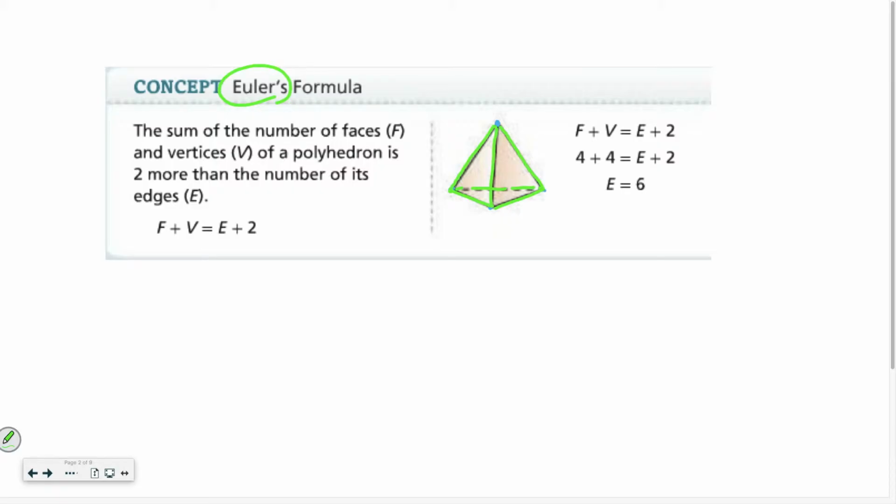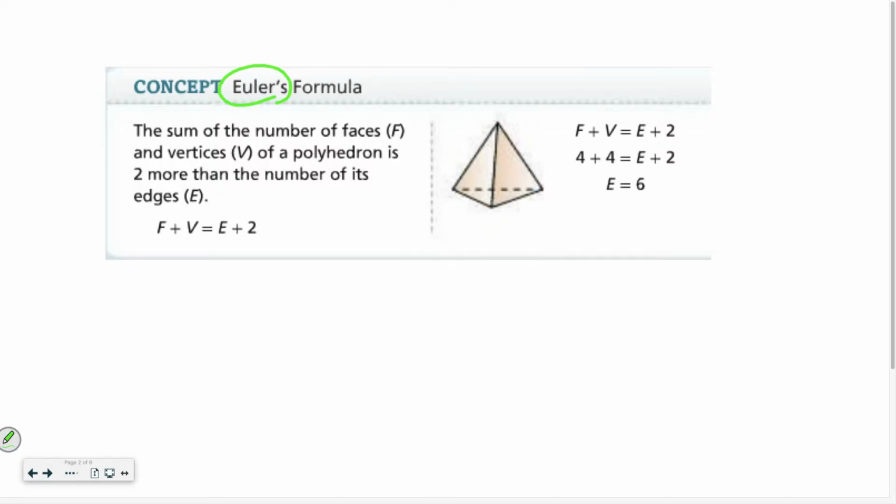So if we look at this example, we have 1, 2, 3, and then 4 on the bottom. We have 4 faces. We have 4 vertices.